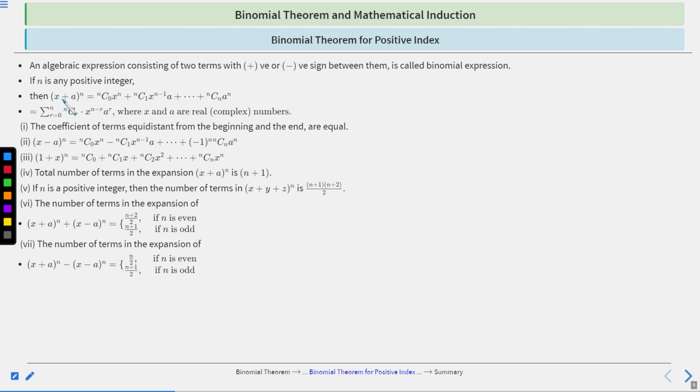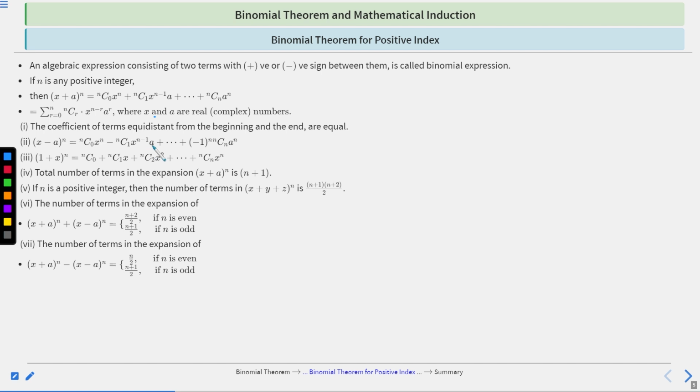So, (x + a)^n can be written as nC0 x^n + nC1 x^(n-1) a + ... + nCn a^n, which is equal to the summation of r = 0 to n of nCr x^(n-r) a^r, where x and a are real numbers or complex numbers.